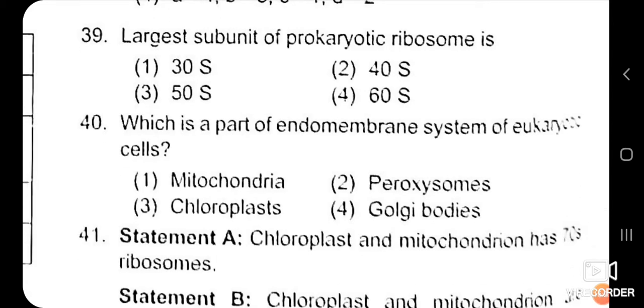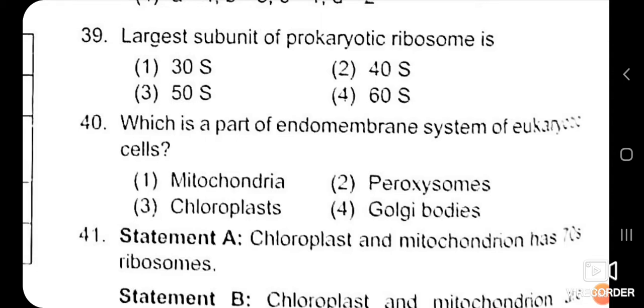Which is a part of endomembrane system of eukaryotic cell? We have seen that endomembrane system consists of the cell organelles like endoplasmic reticulum, Golgi complex, lysosome and the vacuole.